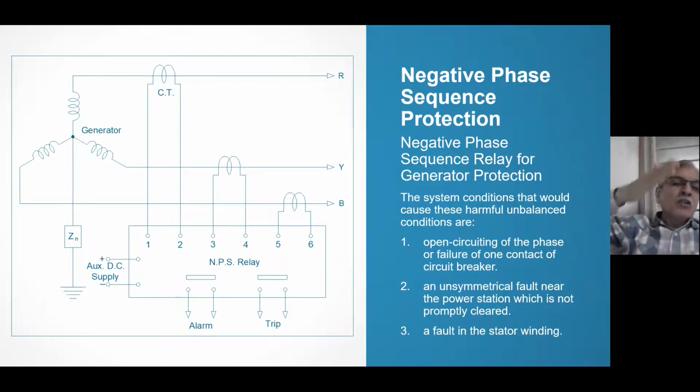You see, because of positive sequence current, the rotating magnetic field is rotating in the same clockwise direction. Then because of negative phase sequence current, it will rotate in the anti-clockwise direction. It is a field, which means it is not seen. Flux that is rotating, you cannot see. It is not visible, and because it is not visible, it has no weight. So it will immediately change the direction.